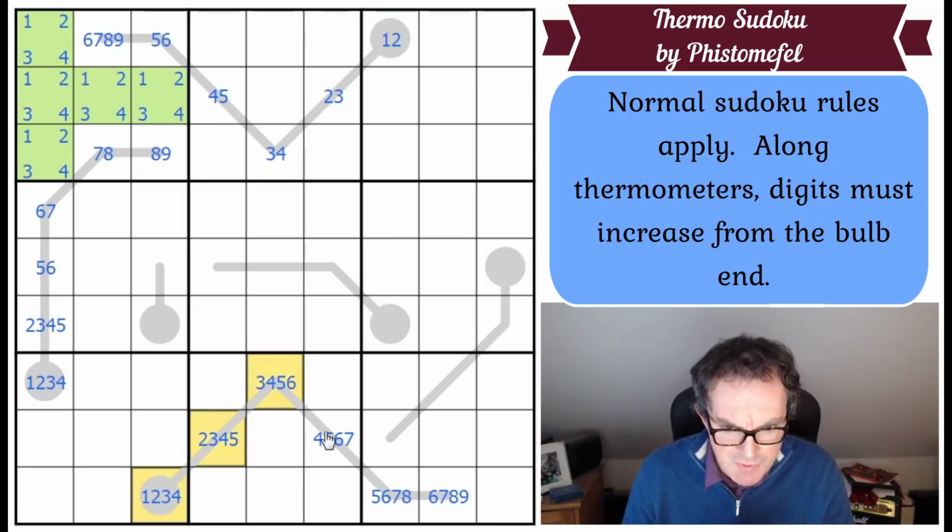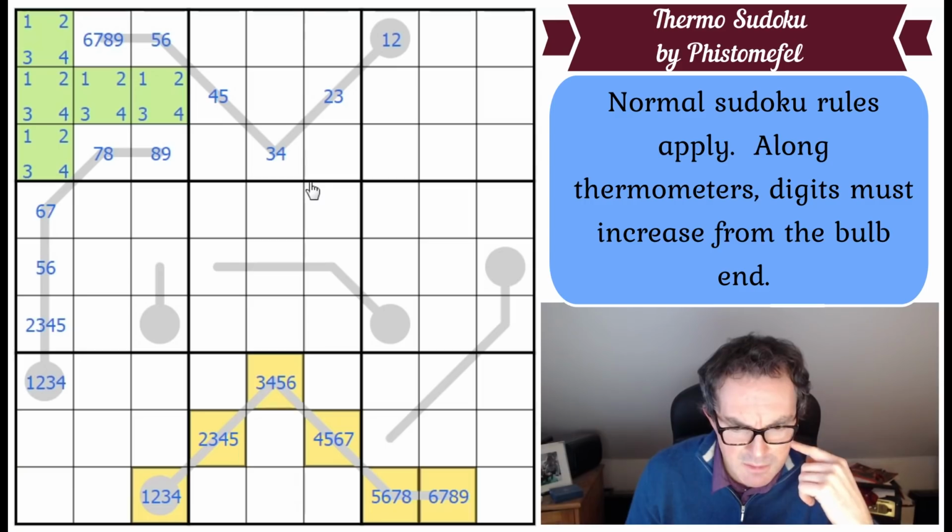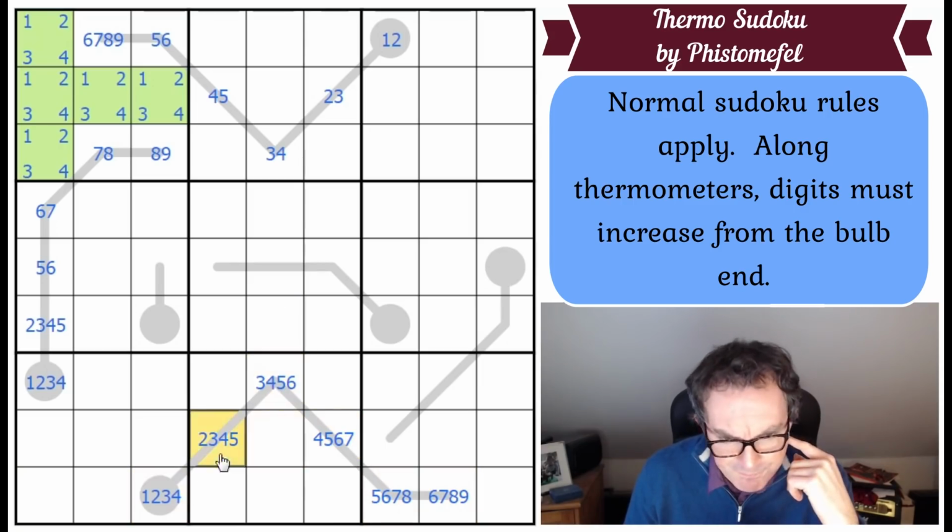Now, what are the restrictions on this thermometer then? Is there anything we can say with certainty about it? It's actually very odd.